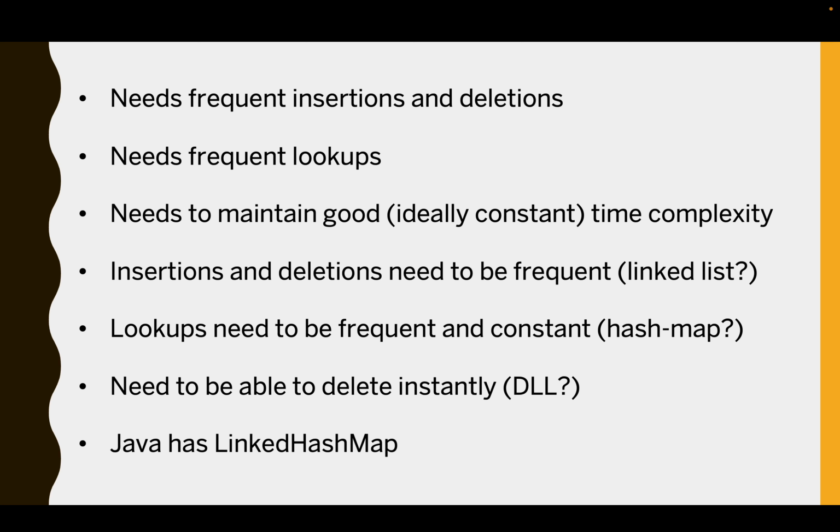You can't do that with a hash map unless you keep a timestamp and keep a sorted map or something. But if you are keeping it sorted, with a sorted map or a tree map, that would be O(log n) time complexity, and what we want is O(1).